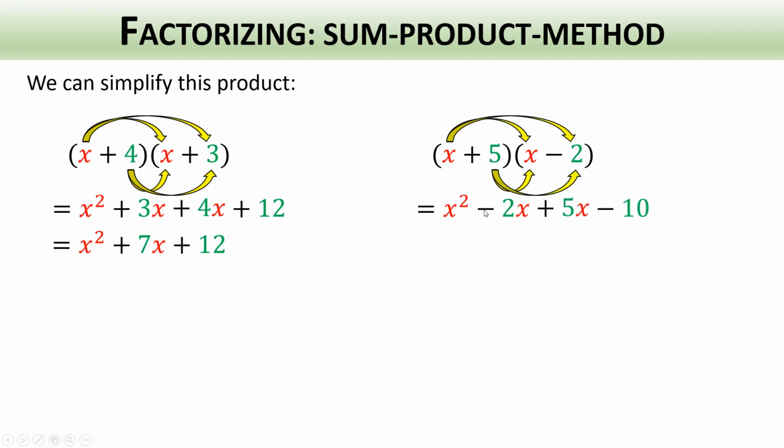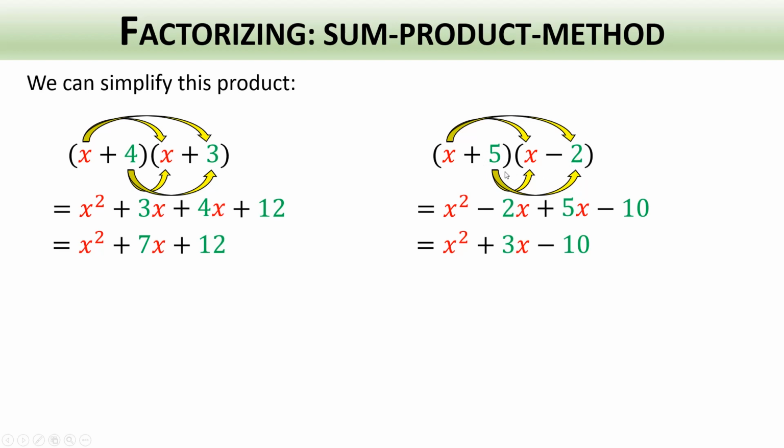And we simplify minus 2x plus 5x is 3x. And again, note that this plus 3 is the result of adding minus 2 and plus 5. And this minus 10 is the result of multiplying this 5 and this minus 2.